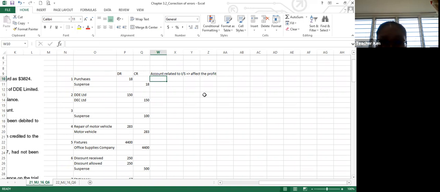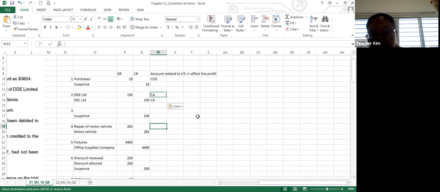So which account is related to the income statement? Purchases. This purchases account is under cost of sales, under the income statement. Whereas these two are not related because they are under current assets. Both are current assets. And suspense account is a temporary account.